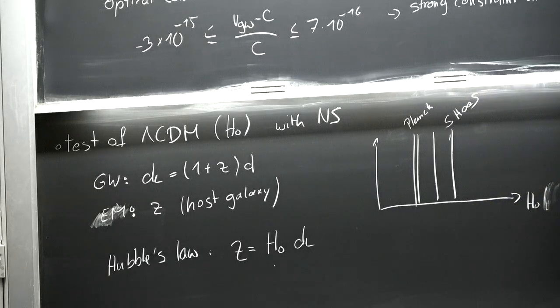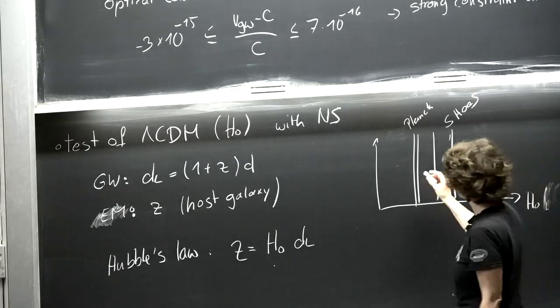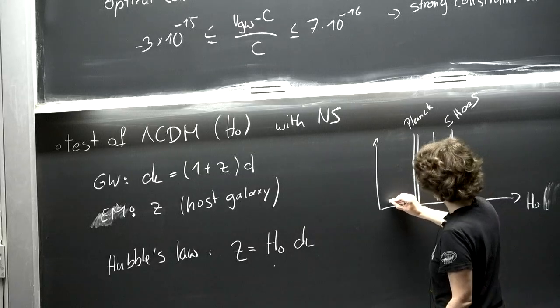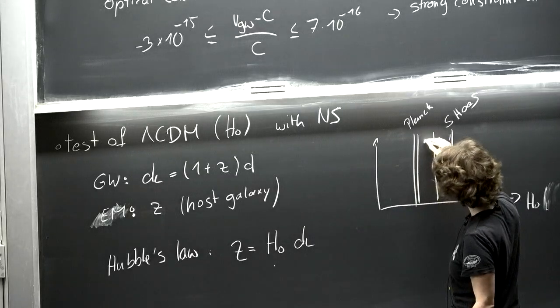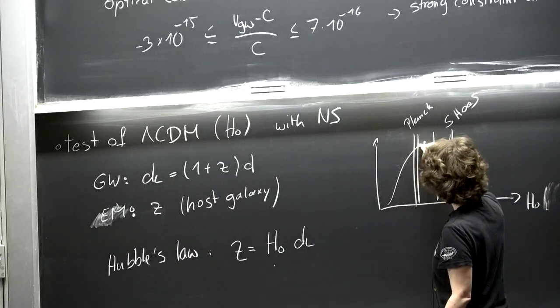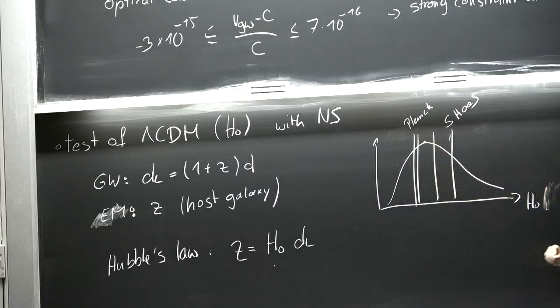Now we can do a measurement from this neutron star event. What we find for the posterior is something that is peaked perfectly in between and pretty broad. So it's a very, very diplomatic measurement.